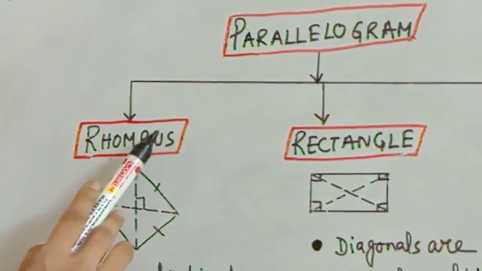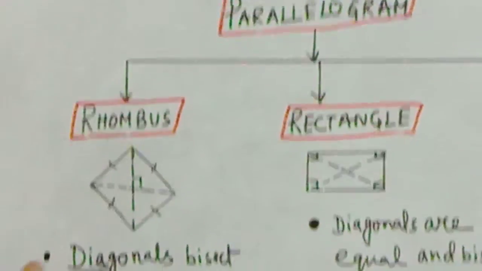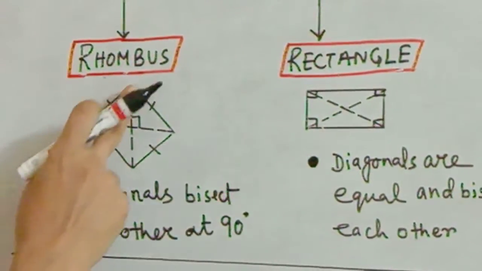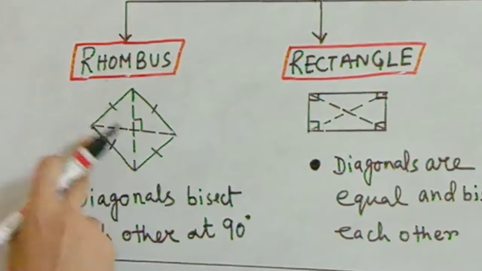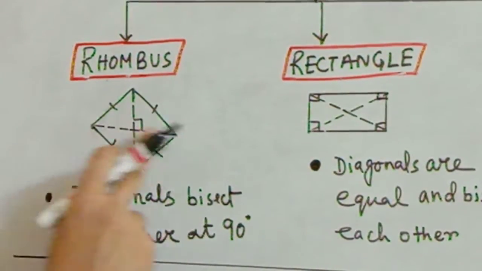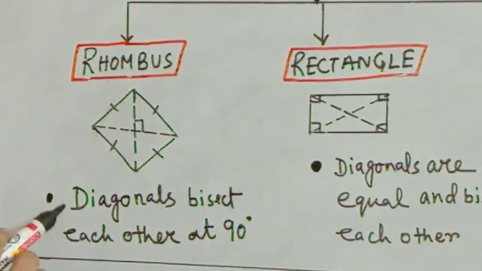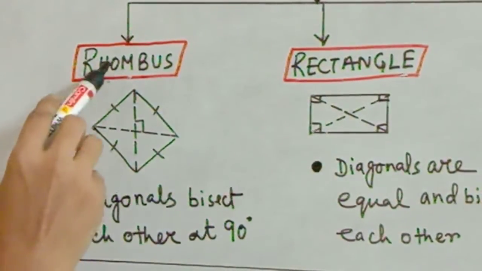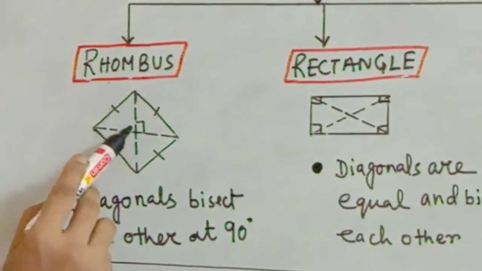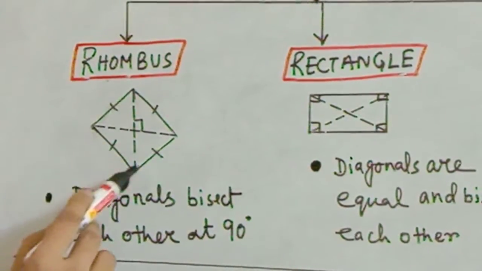Rhombus is a parallelogram where the diagonal property I have also written here. Diagonals are the lines joining two non-consecutive vertices. You know that. So the diagonals of a rhombus bisect each other at 90 degrees. Which one is a rhombus?